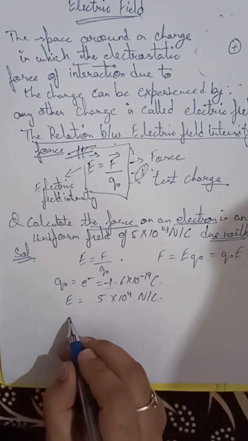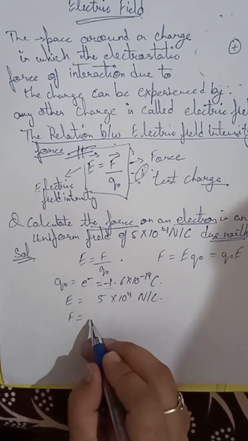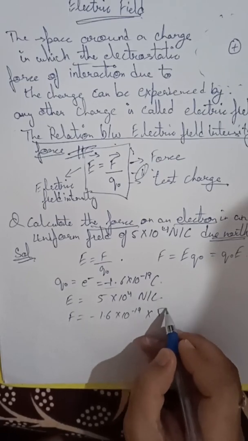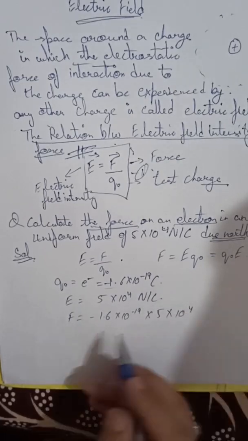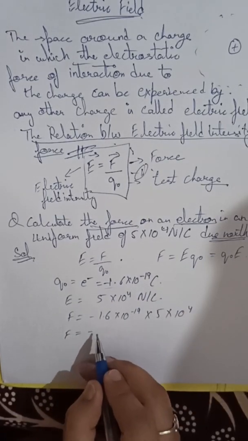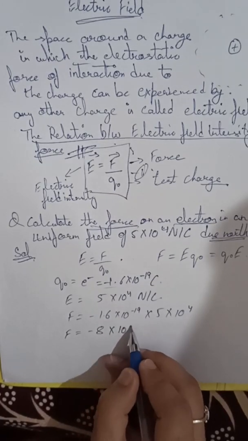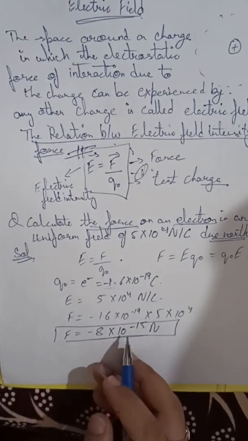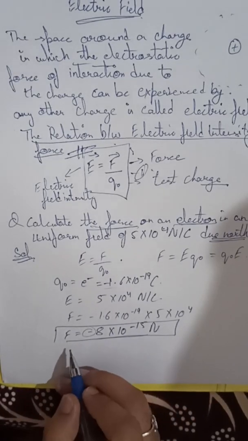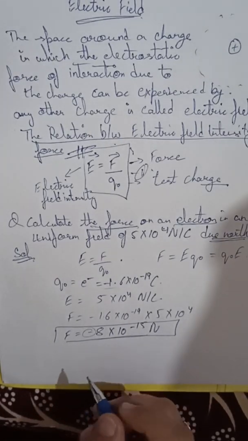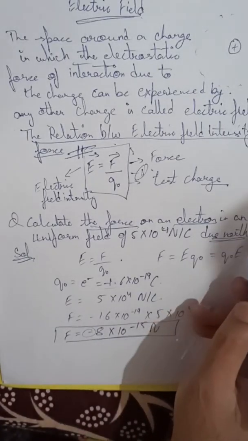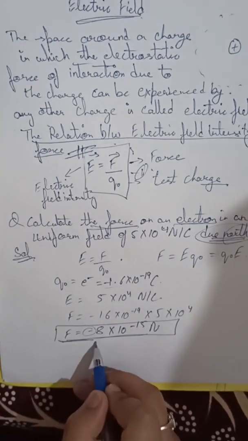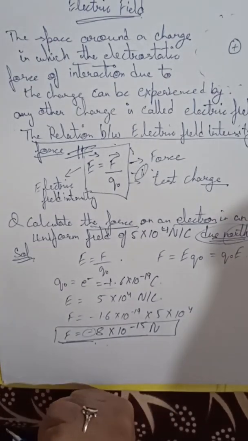So F is equal to, put in the values, minus 1.6 into 10 raised to minus 19 into 5 into 10 raised to 4. Solving it, we get F is equal to minus 8 into 10 raised to minus 15 Newton. As there is a negative sign, this indicates that the force on the electron will be opposite to due north, so this force will act towards due south.